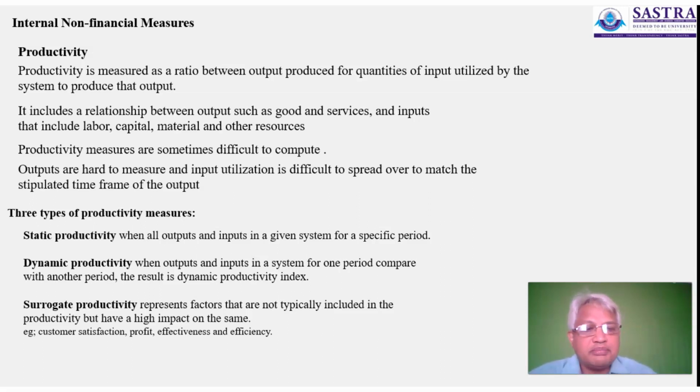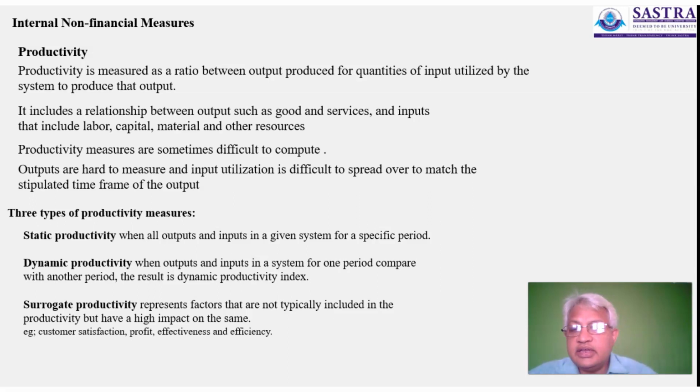That means it includes a relationship between goods and services, which stand as output, and inputs that can come in the form of labor, capital, material and other resources. Productivity measures, as I informed, are very difficult to compute. Why? Because outputs are sometimes very difficult to measure, and the input utilization is difficult to determine for the same level of output that you're calculating.